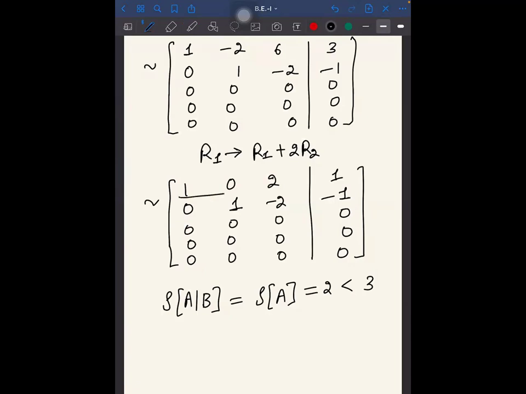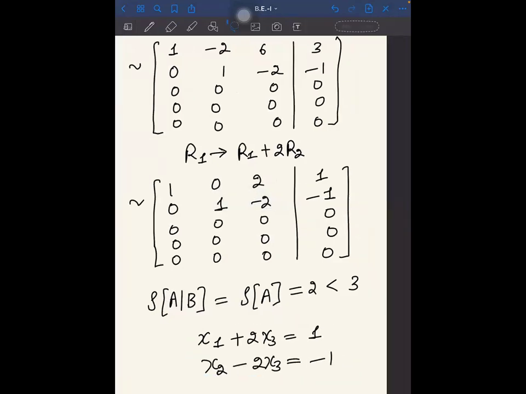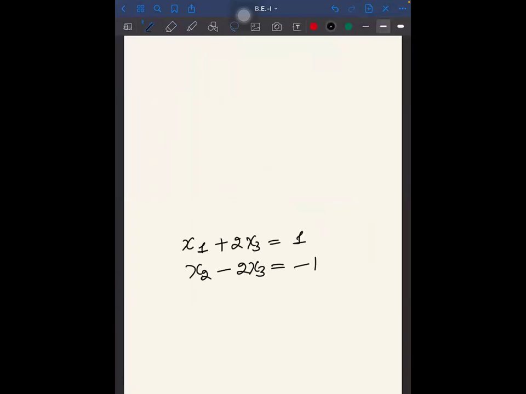You pick this thing now. So this will be what? x1 plus 2x3 is equal to 1. And here you will have x2 minus 2x3 is equal to minus 1. So now you have this thing. You set any arbitrary value of one variable and you will get the value of the other. Assume x3 is equal to k. Right?